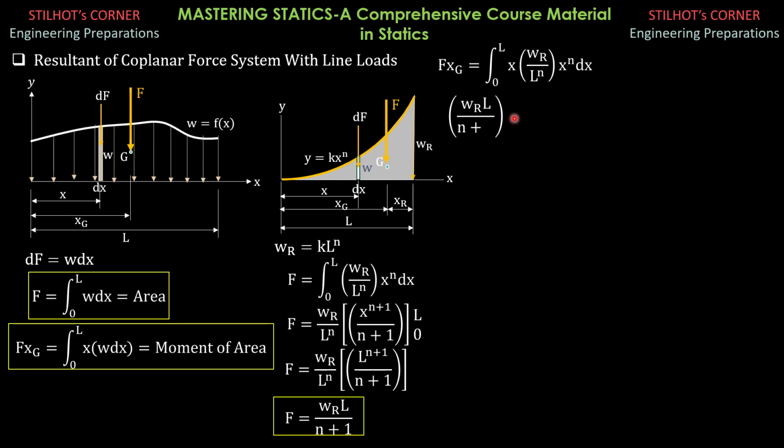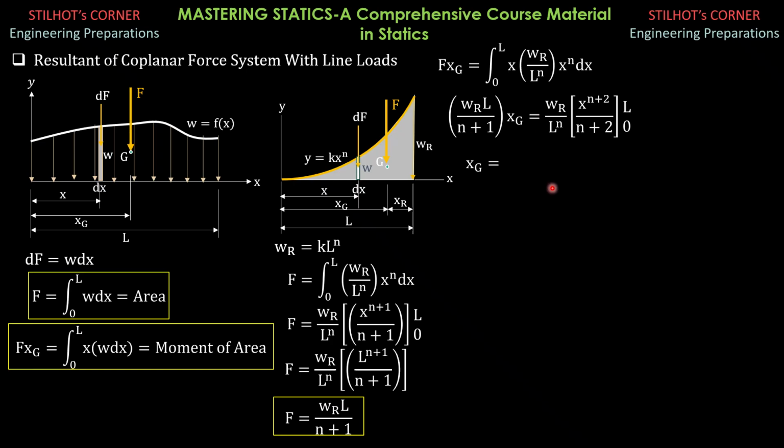So F is WR L over n plus 1, then times xg equals WR over L to the n, then x to the n plus 2 over n plus 2 from 0 to L. So we cancel WR and we combine L to the n and L here. After cross multiplication, then we have n plus 1 in the numerator.